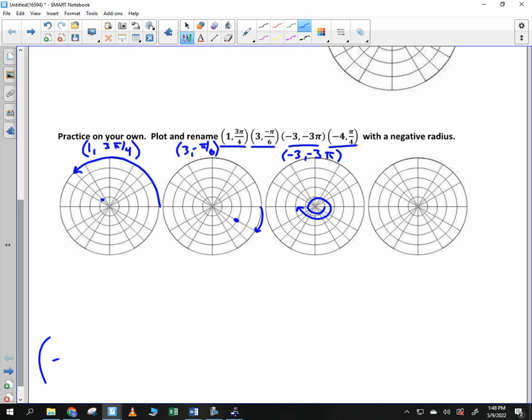So everybody agree that negative 3 pi brings me to about 180 degrees. The negative 3 means instead of moving 3 units in this direction, I move 3 units in the opposite direction. You go away from the angle of rotation.